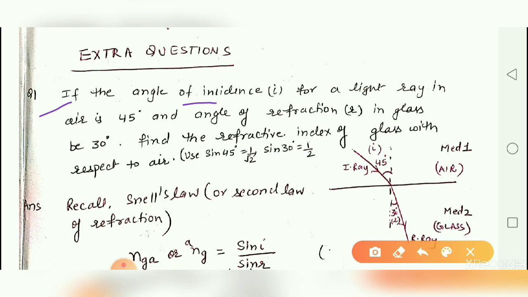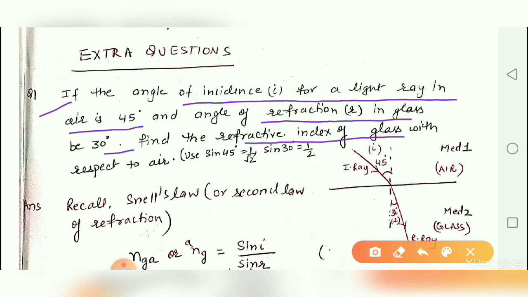If the angle of incidence for a light ray in air is 45, the first medium is air and the angle of incidence is 45, and the angle of refraction in the glass is 30. The second medium is glass and the angle of refraction is 30. Now we have to find the refractive index of glass with respect to air. The first medium is air, the second medium is glass.